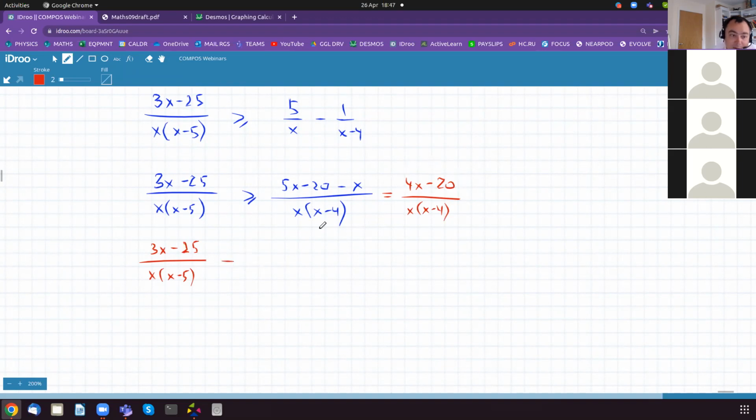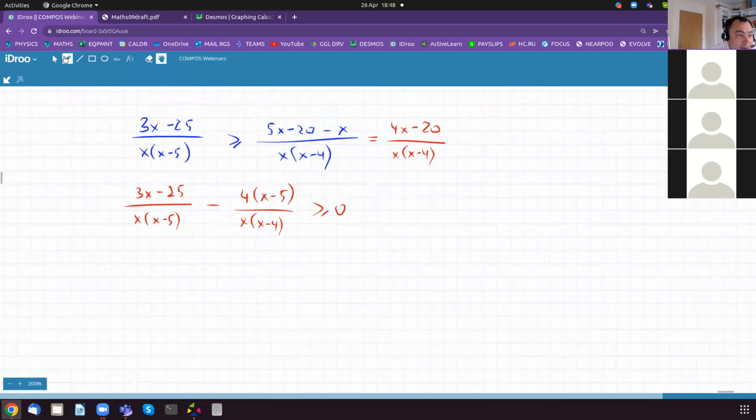Now I can take 4 out here. So 4 times x minus 5. It doesn't really help much. Over x minus 4 greater or equal to 0. And now I find the common denominator. So I'll multiply this by x minus 4. I'll multiply this by x minus 5.